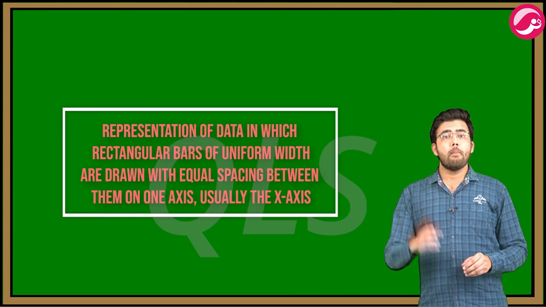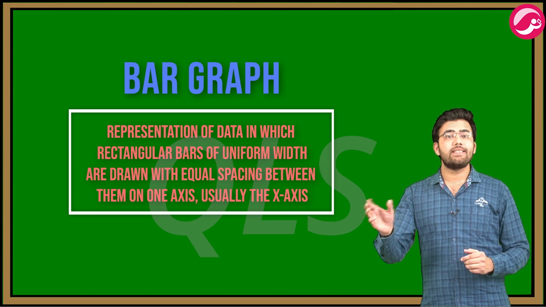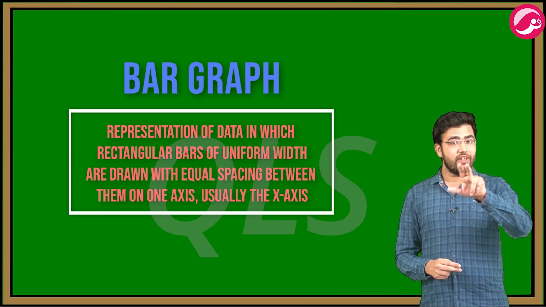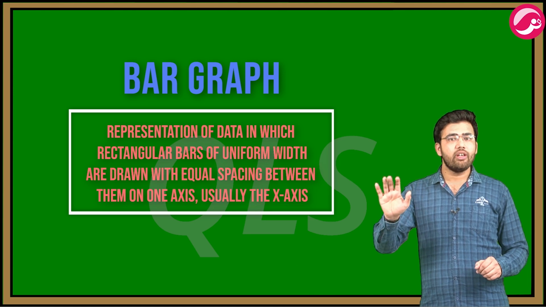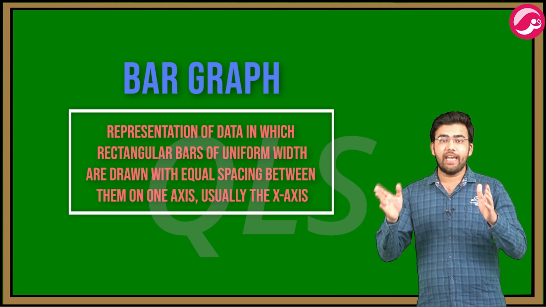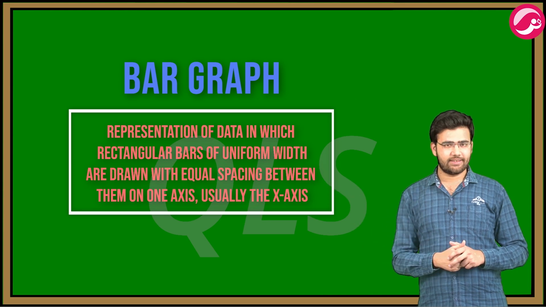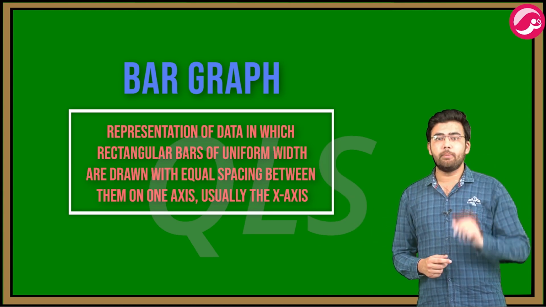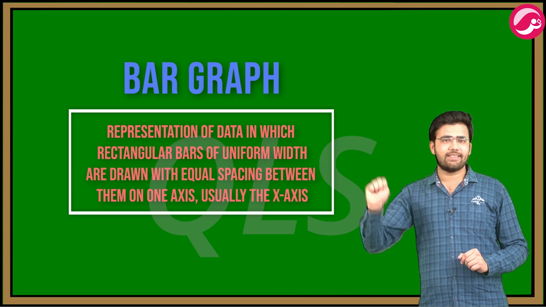The second one is bar graph. A bar graph is a pictorial representation of data in which rectangular bars of uniform width are drawn with equal spacing between them on one axis. Usually that axis is the x-axis. The value of the variable is shown on the other axis, that is the y-axis.